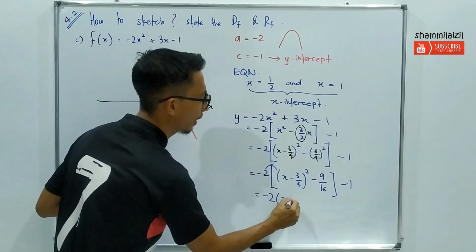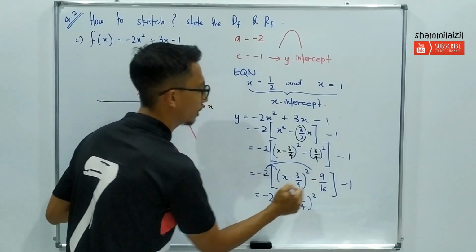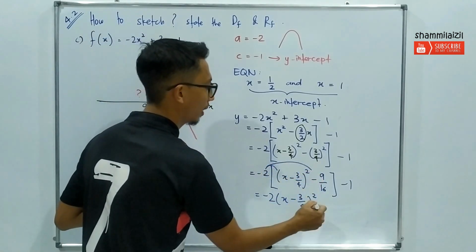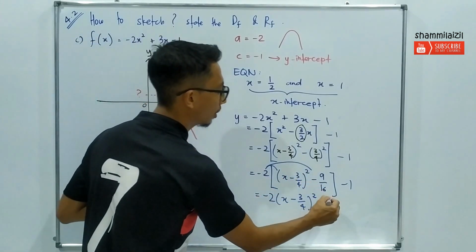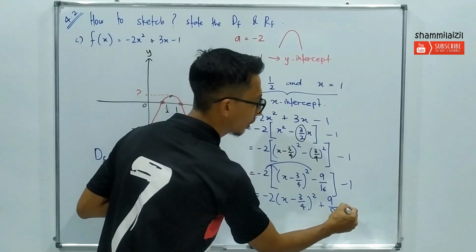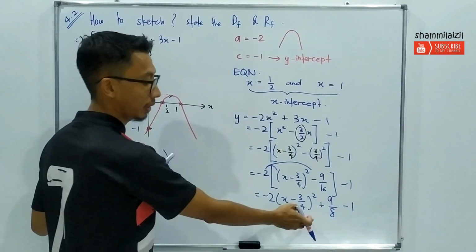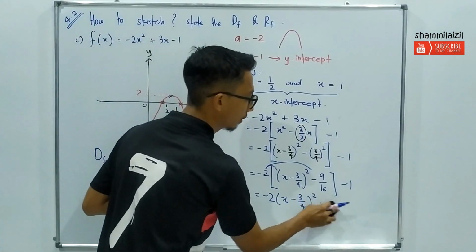Minus 2 bracket x minus 3 over 4 all together squared, and then expand this one as well. So what do you get? Negative, negative, minus is plus. Positive 2. 16 can be cancelled off. So that leaves us with just 9 over 8 minus 1. Ready? So 9 over 8 minus 1 is actually 1 over 8.